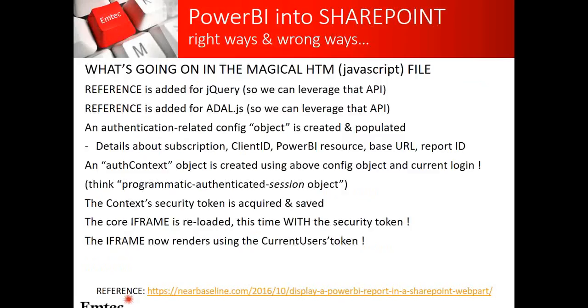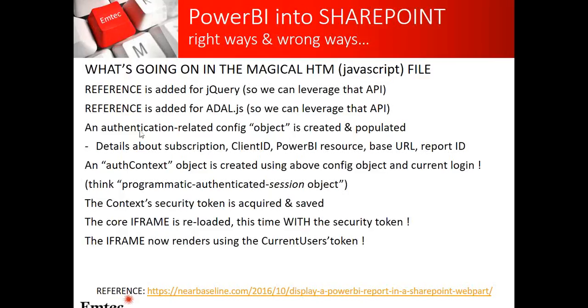What's going on inside that magical HTML file then is a reference for the added jQuery. It's a reference to the ADAL, for those of you that haven't used it. The Active Directory Authentication Library is that set of objects, classes, functions, and methods that are available in JavaScript to actually create these little authenticated programmatic sessions that allow us to make requests like an authenticated request for an iframe to deliver that report in a secure fashion.